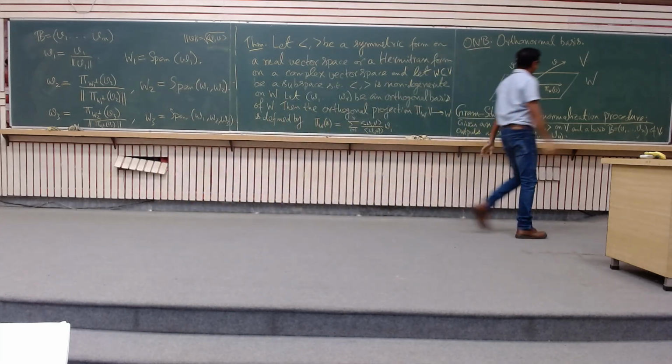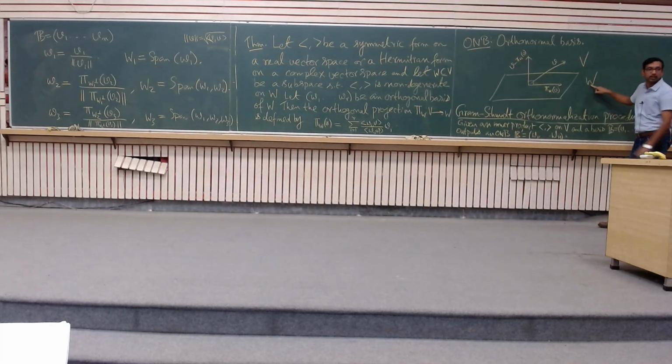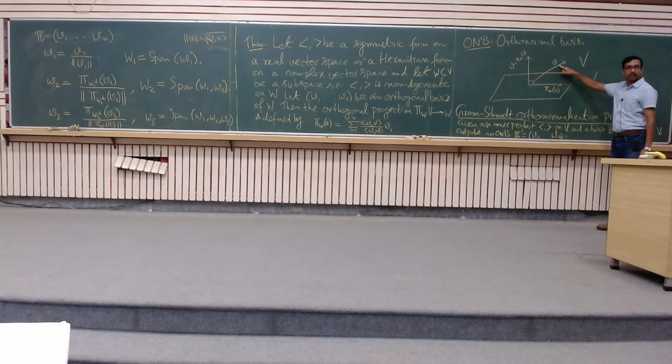Now, exactly in this picture, your W is the span of the first vector. What you are doing, you are projecting v on the span. V is the next element in your basis. So v2, exactly.